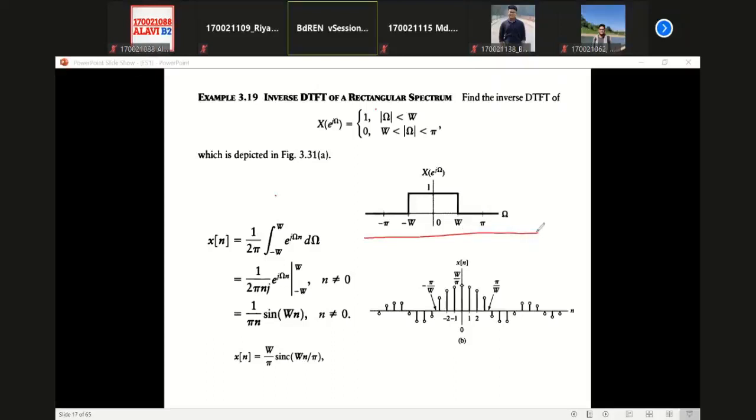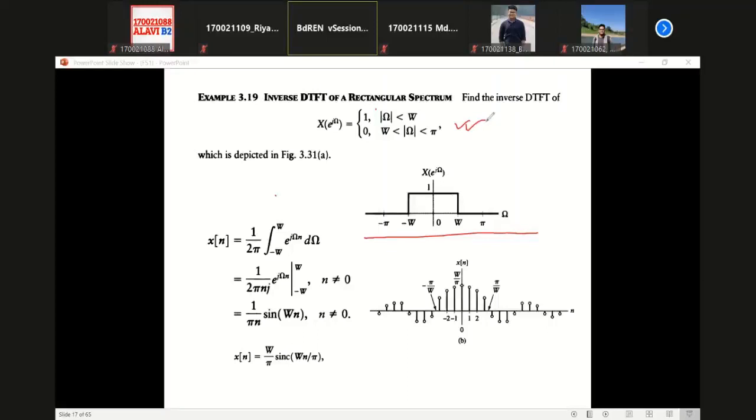That means the magnitude of your Fourier transform is equal to 1 if your omega is from minus W to plus W, and it is 0 elsewhere between minus pi to pi. And we know that this will appear periodically. Only one period is shown here, and that is enough to reconstruct our signal.